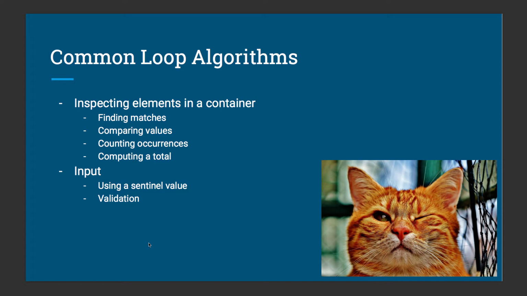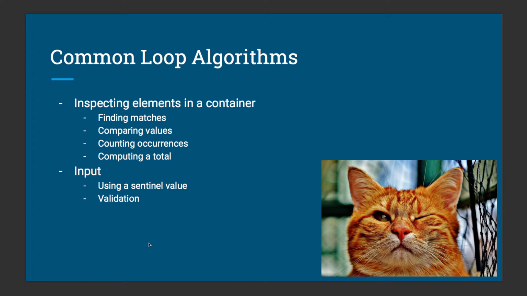With input, we can use loops to help us get a sentinel value. If we're getting an arbitrary list of something, maybe grades, and we don't know how many grades we're going to be inputting, we may tell the user to input a certain value like -1 to tell us when they're done. And that -1 is known as a sentinel value. Another use case would be validation.